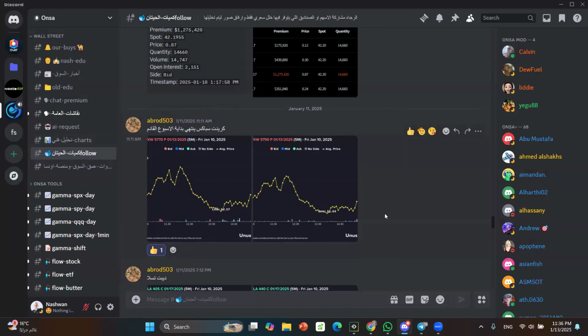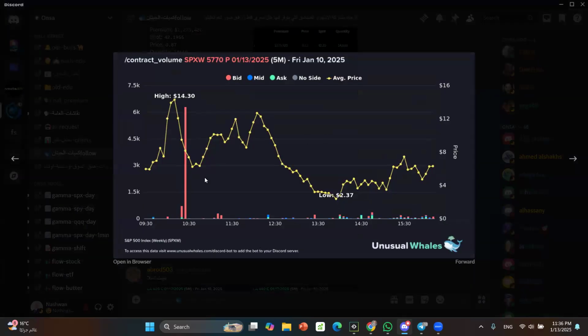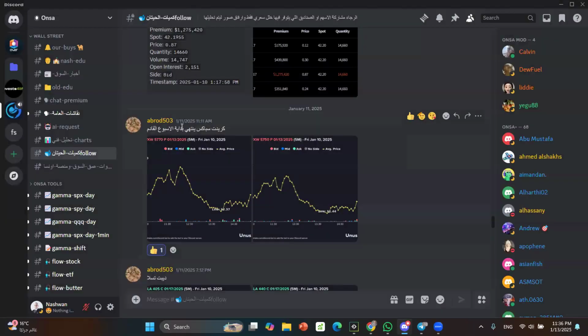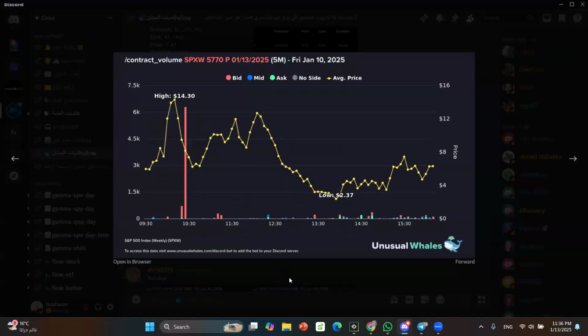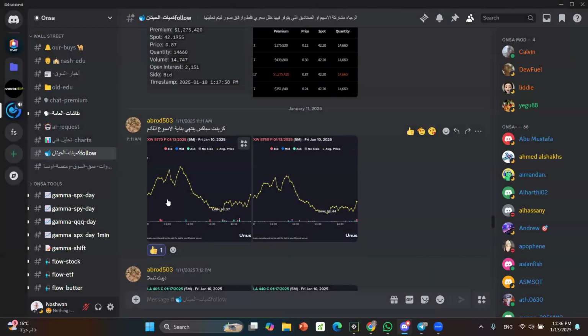By the way, it's very useful. So for SPX on Friday, the 11th of January, for today's expiration date, we noticed we've got a very high flow, a big amount on SPX for expiration day.